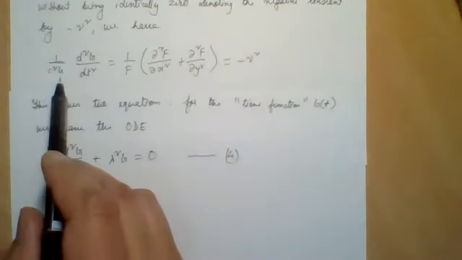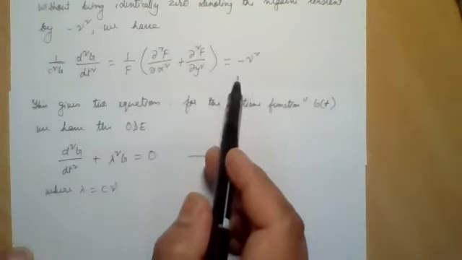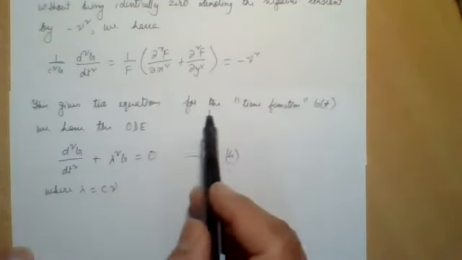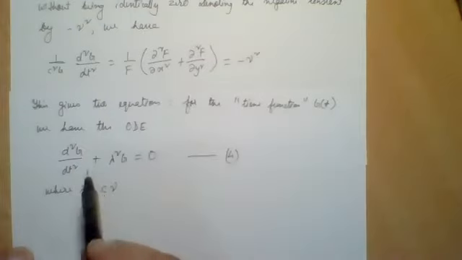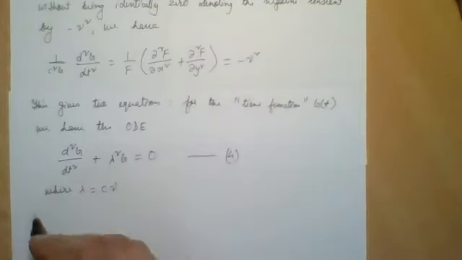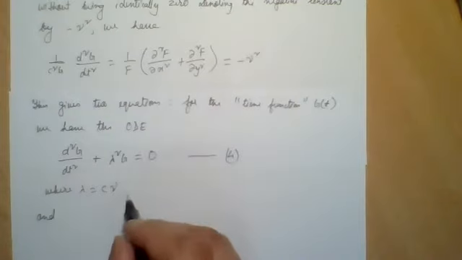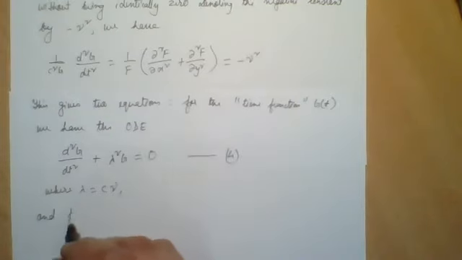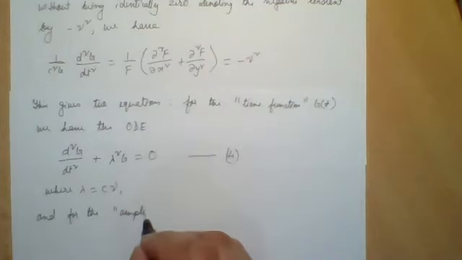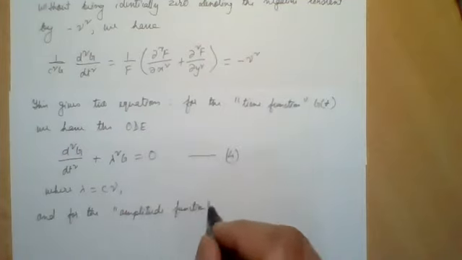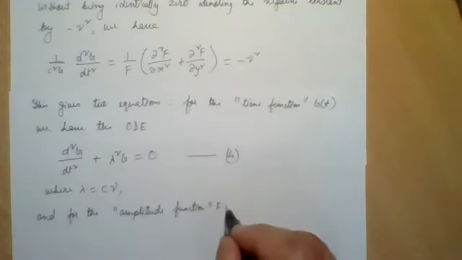Okay, so let us call this equation number 4. So this equation gives us two ordinary differential equations. The first is the ordinary differential equation for the time function g of t, which is given by equation 4, and for the amplitude function f of x, y.